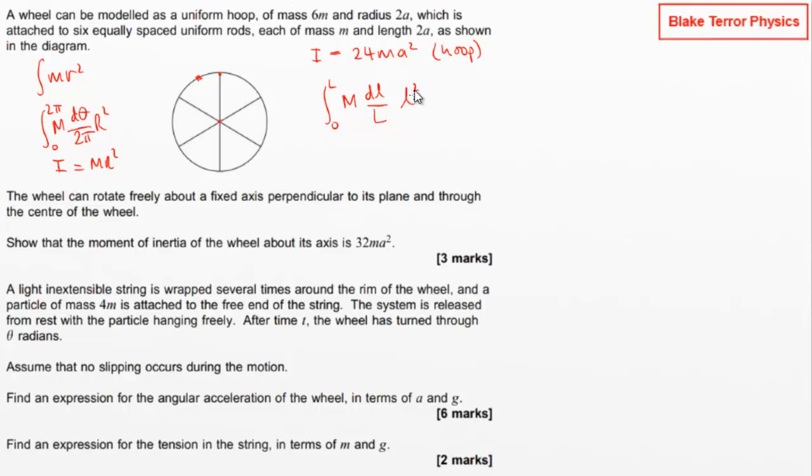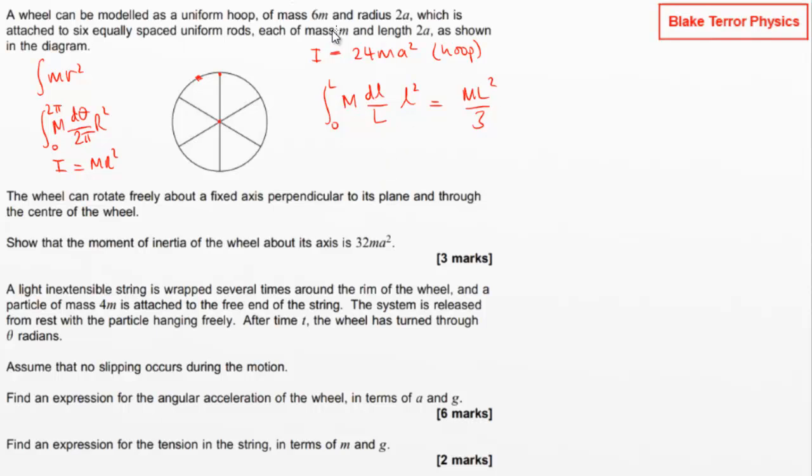So we've got an L cubed over 3 when we integrate, from 0 to L. So we're just going to have an L cubed over 3, cancel the L's, and we're left with L squared over 3. So we've got ML squared over 3. That's for the rod.